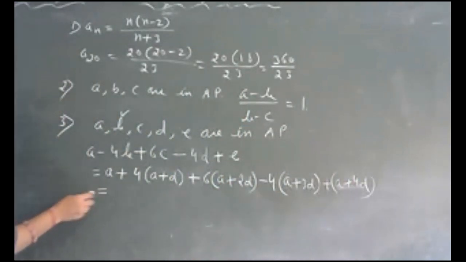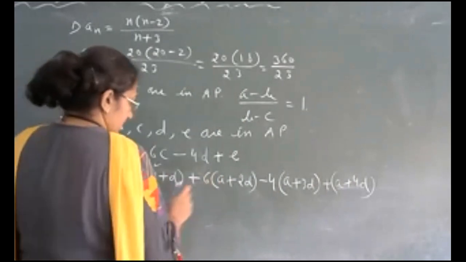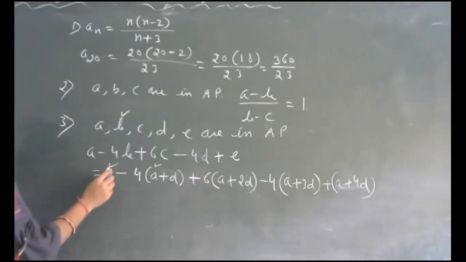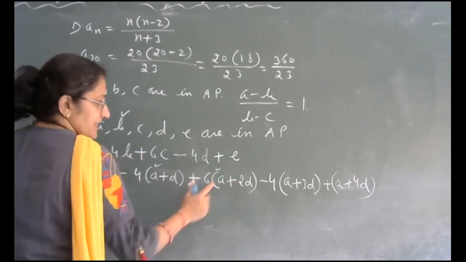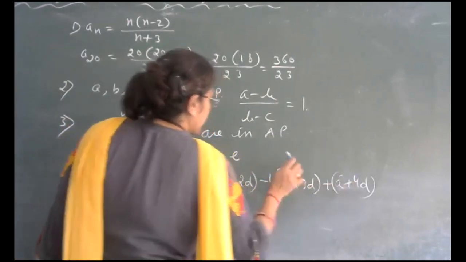So after adding all these, A minus 4A, that is minus 3, plus 6, it will become plus 3, minus 4, that is minus 1, then plus A, so 0A.